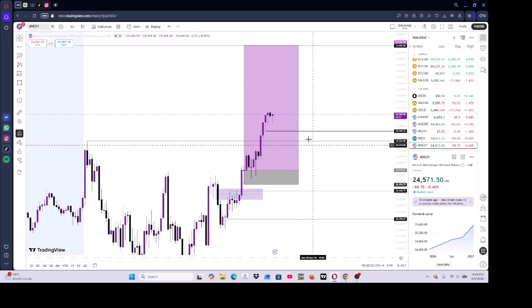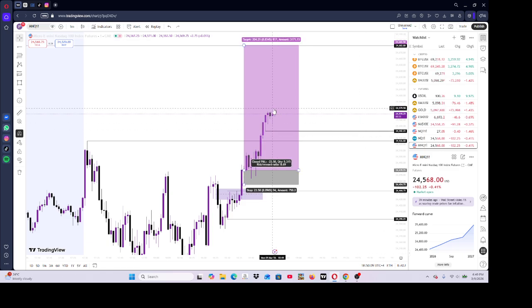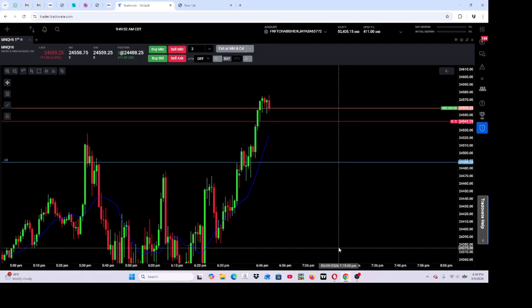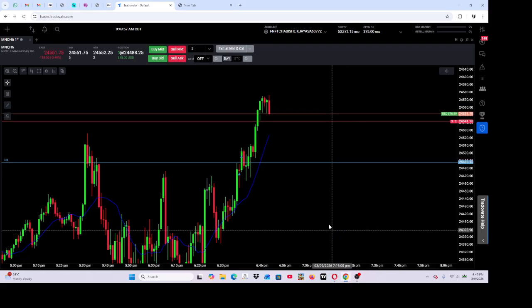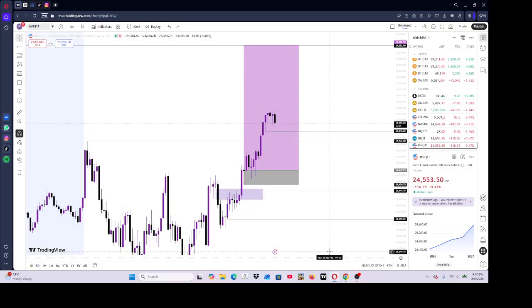If it closes above this, we will look more good. We will look more good if it pushes above this neckline. A huge, okay. Going to get stabbed out here.